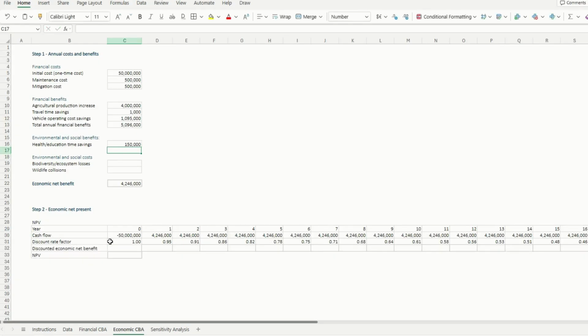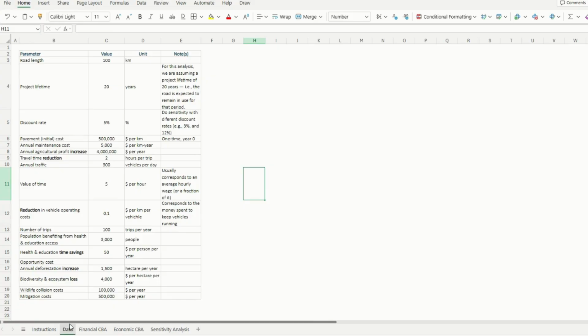On the cost side, we have deforestation. The assumption is that paving will trigger about 1,500 hectares per year of deforestation, even with mitigation. Here we assign a monetary value to the lost ecosystem services, things like carbon sequestration, biodiversity, water regulation, and non-timber products.